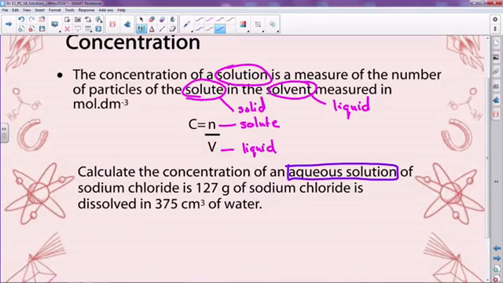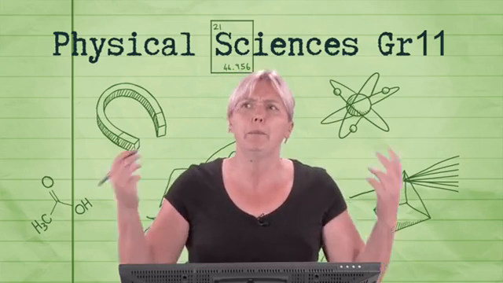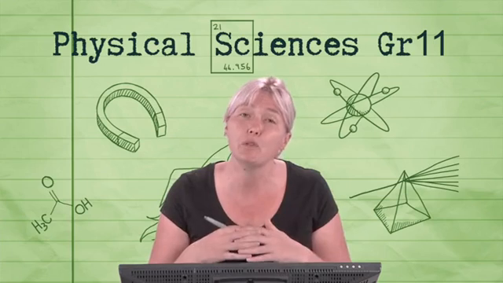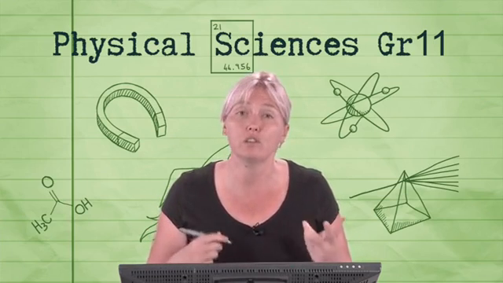It's normally an ionic solution, so you've got an ionic solid dissolved in it, like sodium chloride or potassium bromide or calcium oxide, where there is an ionic bond between the substances and that then dissolves in a solvent. A good solvent for those sorts of substances is water.